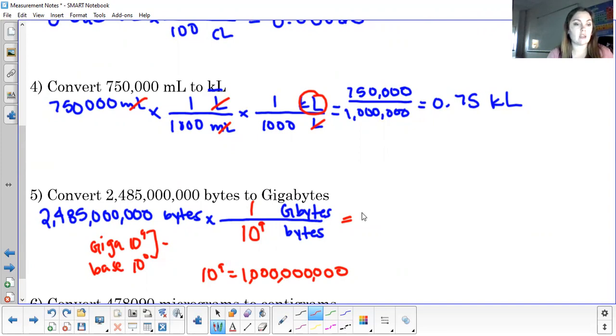And you should end up with, if I can do my math correctly, 2.485. Maybe. I can't even do it on my calculator, but if math is hard. All right, I'm pretty sure that's what we're going to get here. 2.485 gigabytes. Because bytes and bytes cancel out with each other.